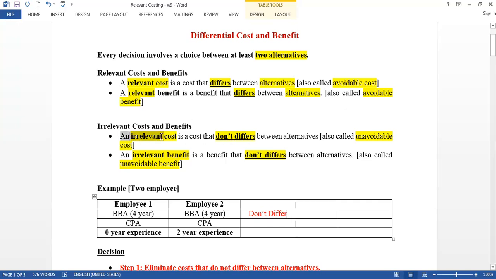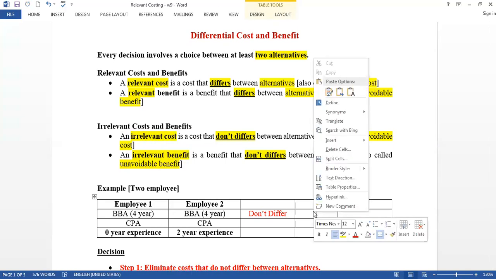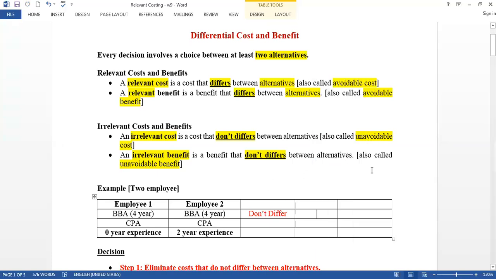The keyword is called irrelevant. And what is the other keyword for irrelevant? Unavoidable. So I already told you that these are very, very important keywords for this chapter. So if there is no difference between these alternatives, it is called irrelevant and it is unavoidable.